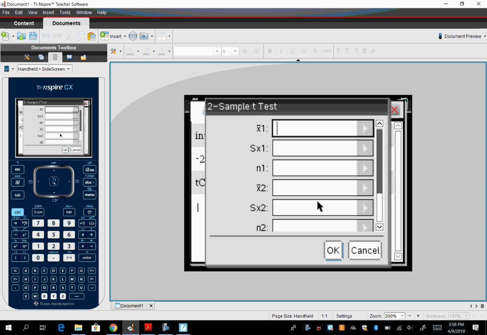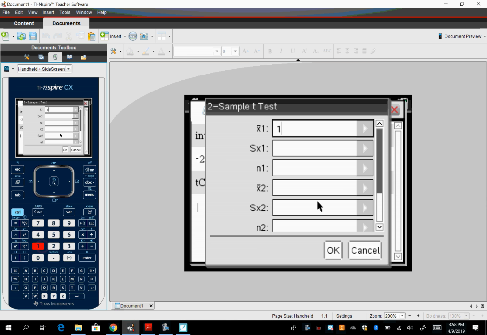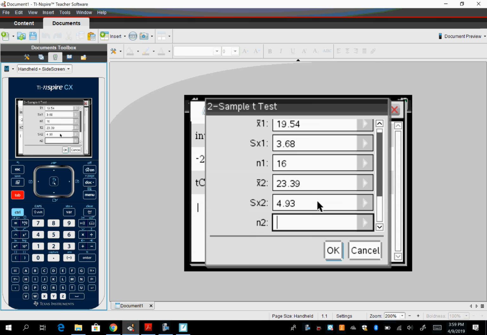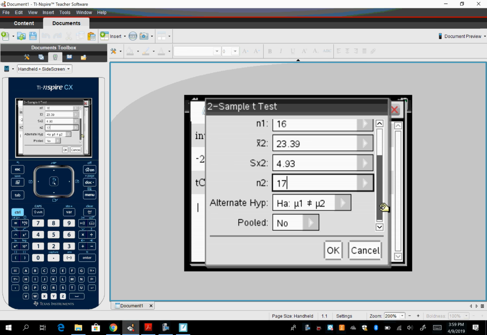So what was the average for fertilizer A? 19.54. The standard deviation, 3.68. The 16 tomato plants, 23.39, 4.93. Okay, and then scroll down.